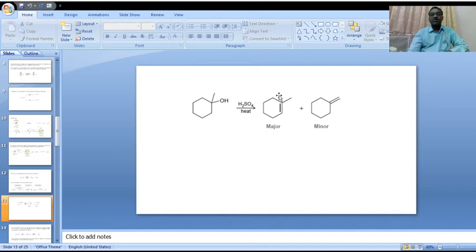The major product is from the secondary side. Is it clear? Loss of water molecule in presence of sulfuric acid, heat the reaction mixture. Here also the same elimination reaction.